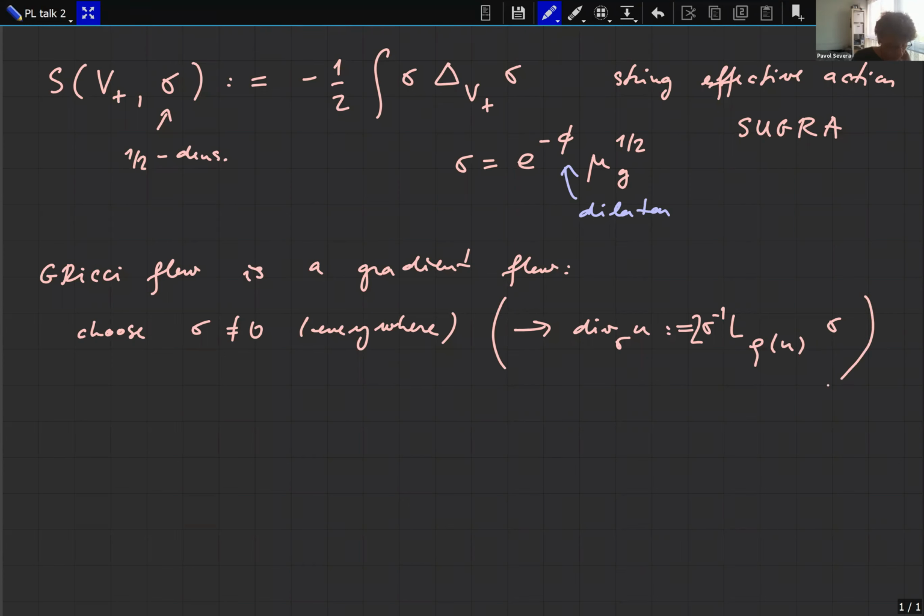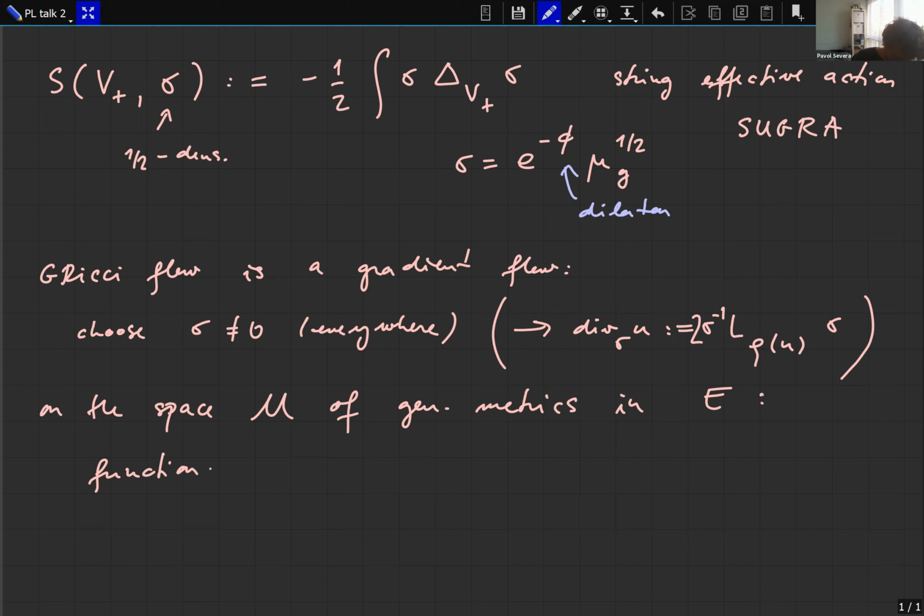So we choose such a thing, and now on the space M of all generalized metrics in an arbitrary fixed Courant algebroid, we have a function, which is just this action functional.